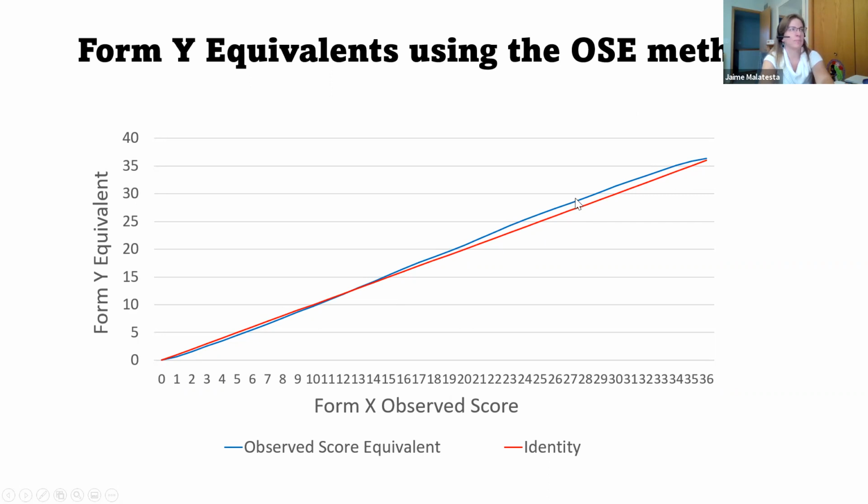In that case, form Y appears to be easier than form X. For example, candidates who would have received a score of 25 on form X would probably have received a score of 27 on form Y. We can also look at the moments, the mean and standard deviation, from these equating results, and you'd see that the form Y equated scores are generally higher than form X scores.